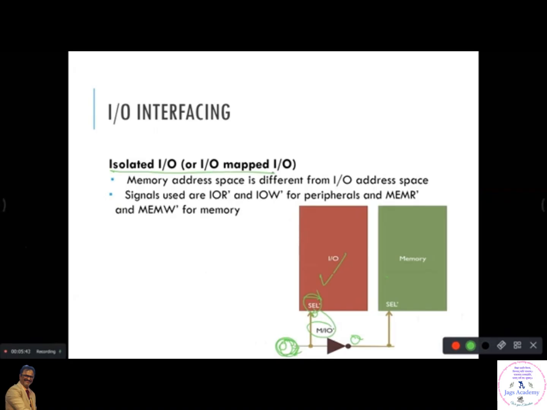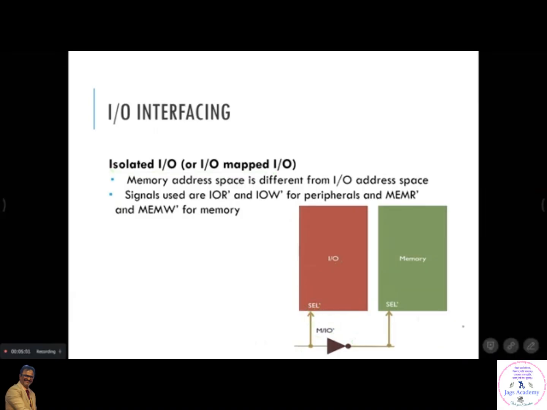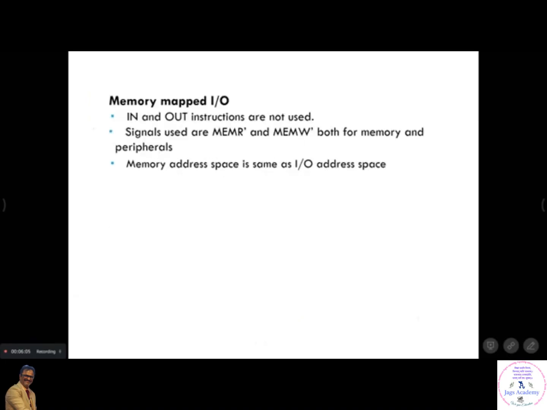There are two ways you establish the connection. One is I/O mapped, or isolated I/O. Another type is memory mapped, which is through memory. I gave you an example during my last class.